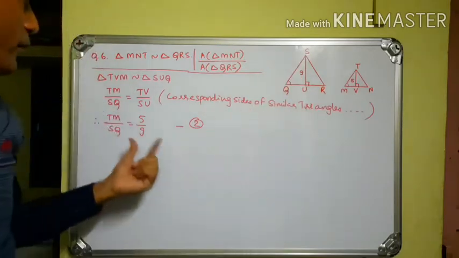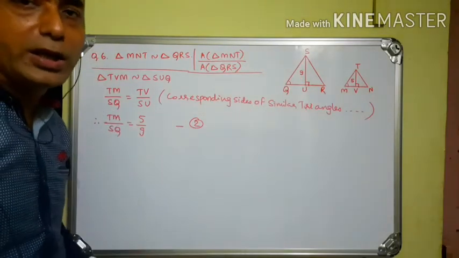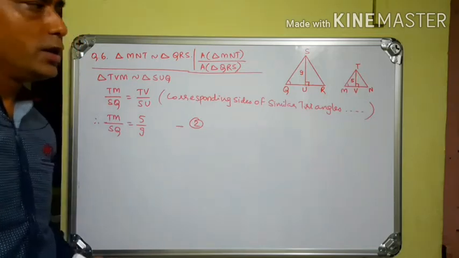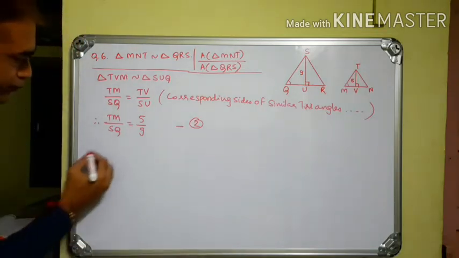Now, when we have got the ratio, we can apply the theorem of areas of similar triangles.